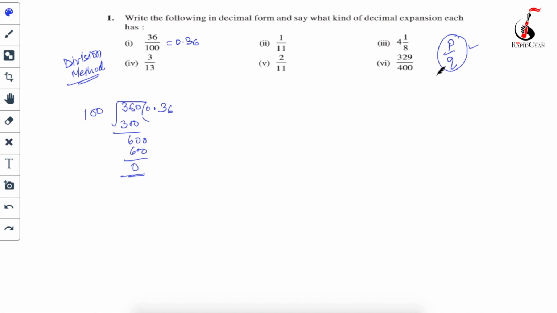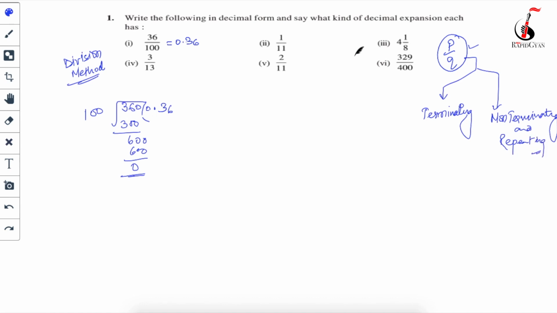The rational numbers have only two kinds of decimal expansion: one is terminating, and the other is non-terminating and repeating. You guys already know this.